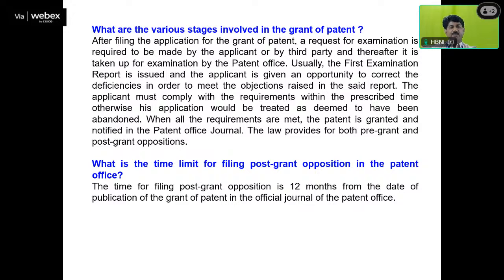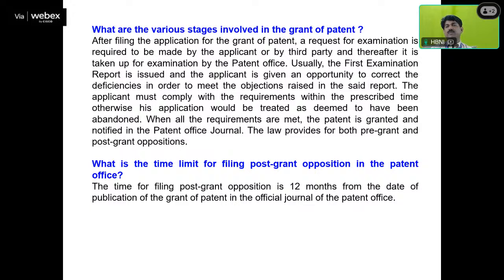After filing the application for the grant of the patent, a request for examination is required to be made by the applicant or by a third party, and thereafter it is taken up for examination by the patent office. Like I have already mentioned, if you simply apply for the patent, it will not be examined and the patent will not be granted. After the application, we have to send a request for examination of that particular patent.